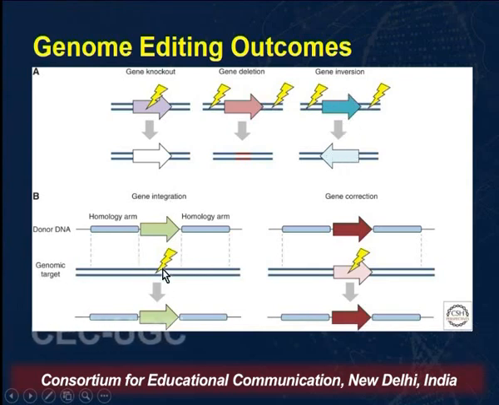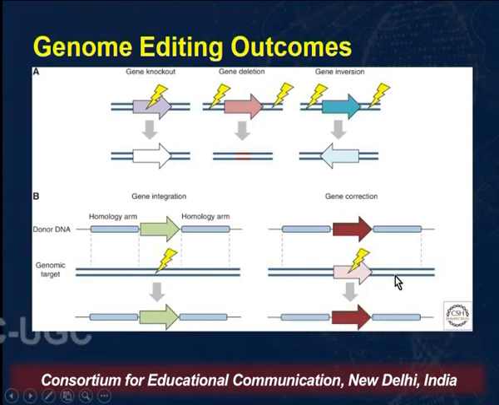This is a targeted thing, happening when double-stranded breaks are created in the gene DNA. This is gene integration. When we introduce our gene of interest in a vector and target it to a particular site, then gene insertions can occur.